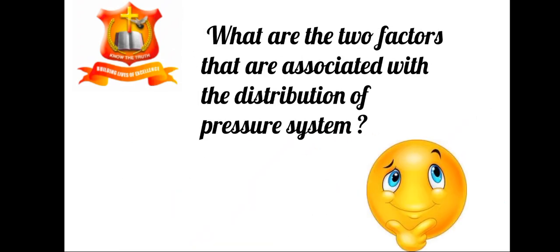Now moving further. Now tell me, what are the two factors that are associated with distribution of pressure system? So the two factors associated with distribution of pressure system are rotation of the earth and the world's heat zones.